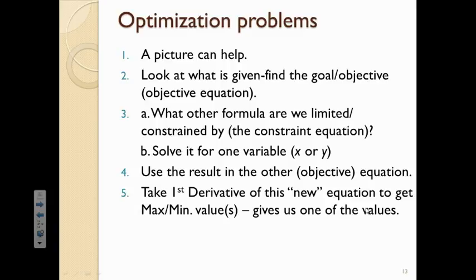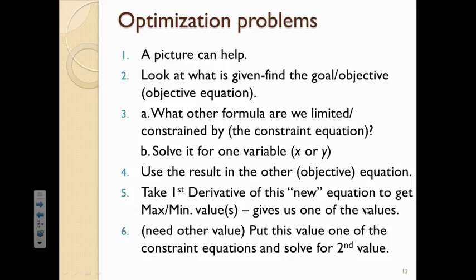And of course, when we solve for x, we could solve for y as well, but oftentimes students like to solve for x. Whichever one we're solving for, that gives us that value. And then we go back to the other equation and put that in: if we solved for x, we know what x is, we put it into the other equation to solve for y. So it's pretty straightforward.